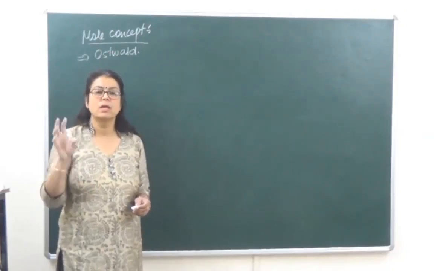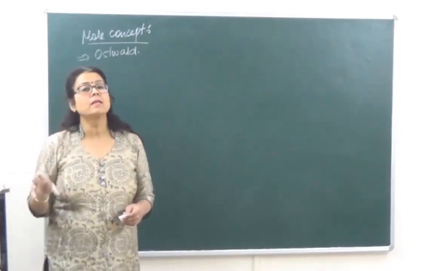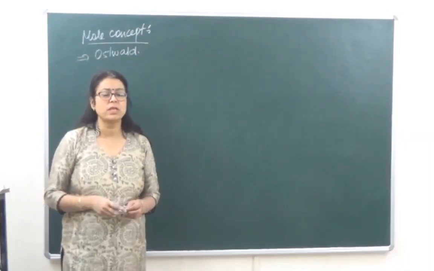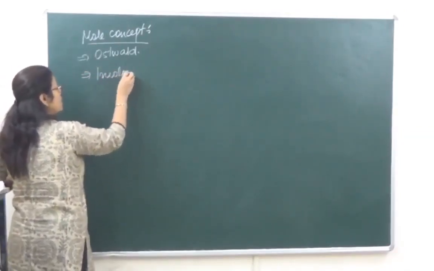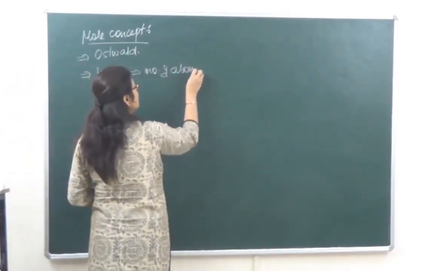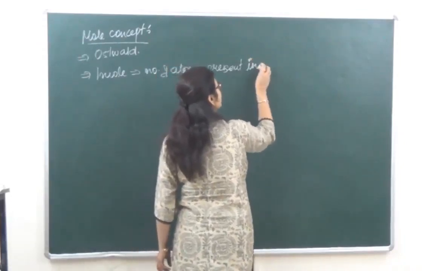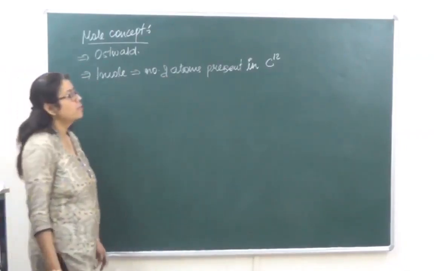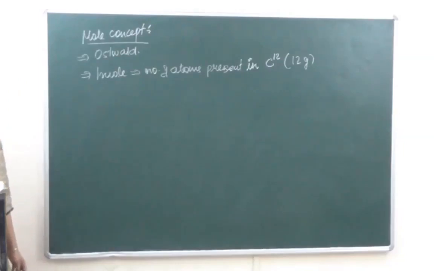In a similar manner, अगर हम लोग सेंचुरी लें तो सेंचुरी के अंदर 100 particles present रहते हैं. तो मोल का भी यही कॉन्सेप्ट था कि एक मोल के अंदर कितने पार्टिकल्स प्रेजेंट होने चाहिए. तो इट वाज एक्सपेरिमेंटली डिटरमाइंड दैट 1 मोल basically is defined as the number of atoms present in carbon 12, and in this the atomic mass that was considered is 12 grams of carbon 12.